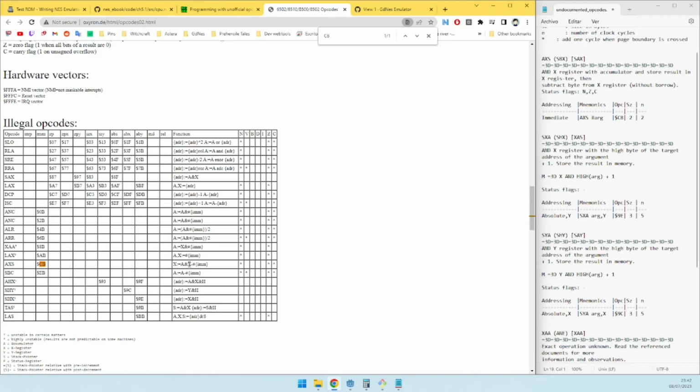What happens first, the subtraction or the AND? Oh, I'm looking at the wrong one. It's this one. Okay, the subtraction happens later.